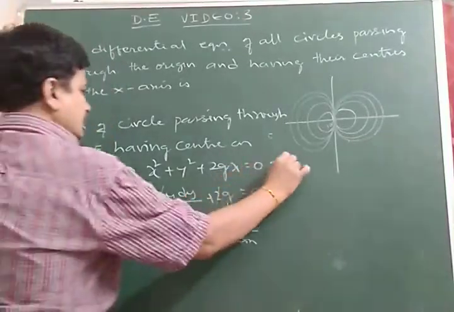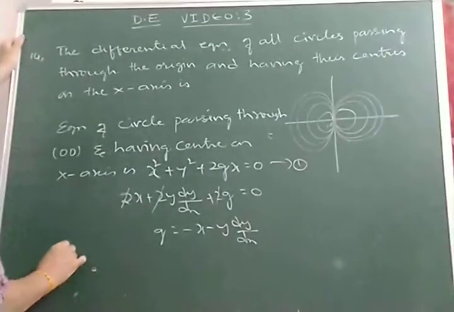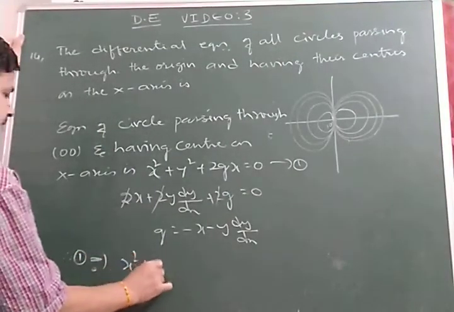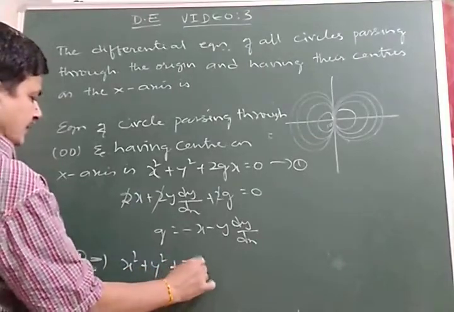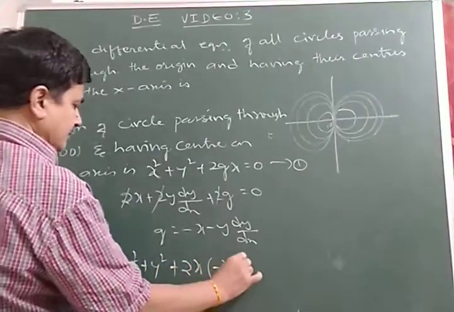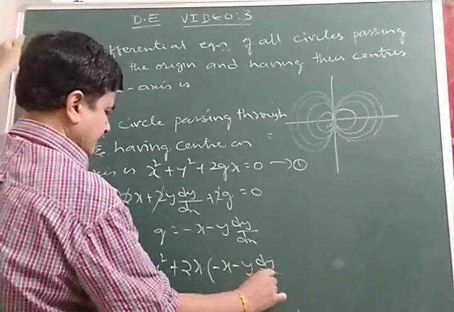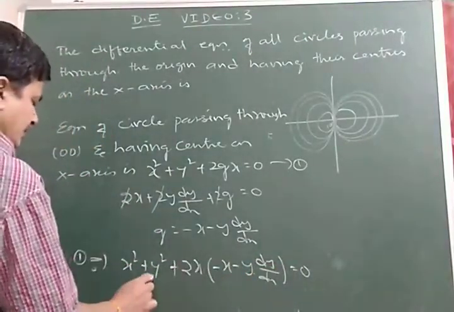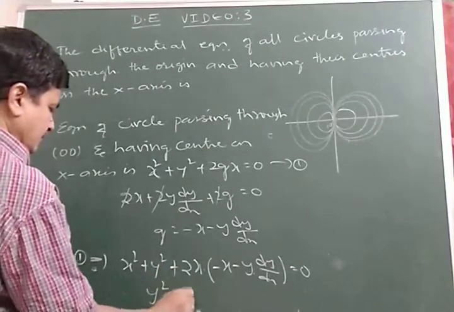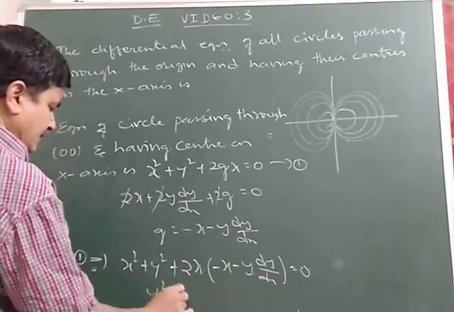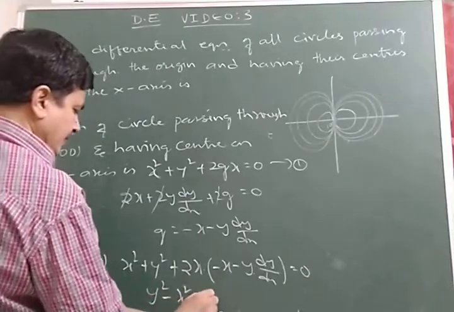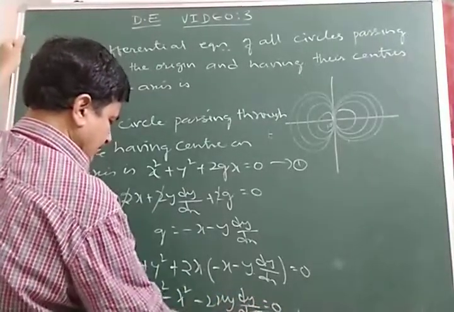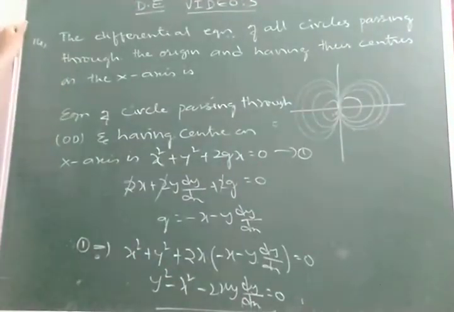So therefore this is equation 1. Substituting in 1: x² + y² + 2x(-x - y dy/dx) = 0. Now x² - 2x² + y² means y² - x² - 2xy dy/dx = 0, which is the required differential equation.